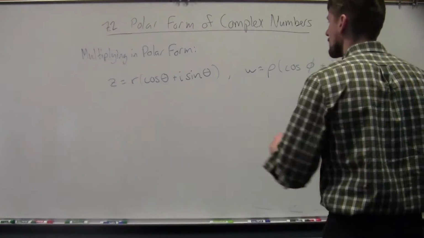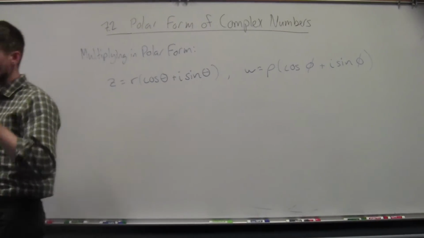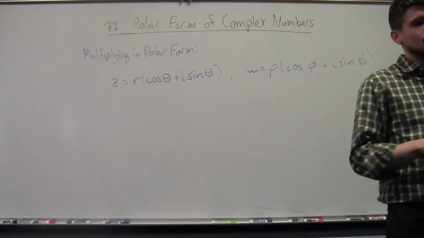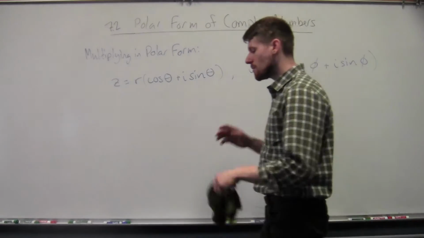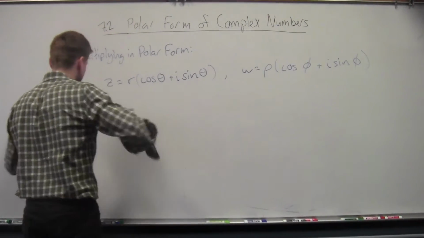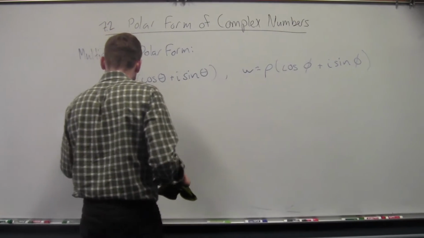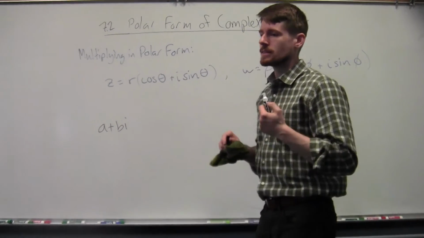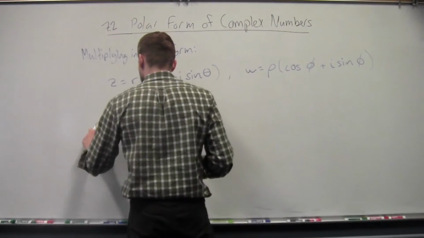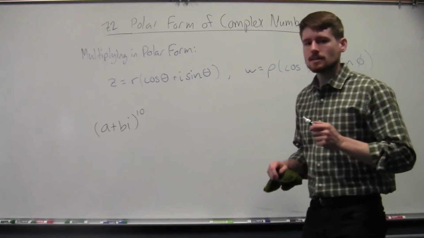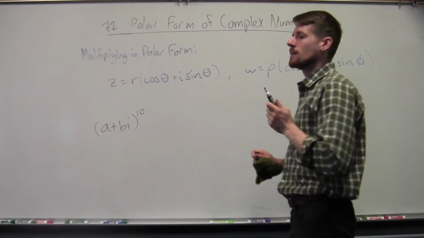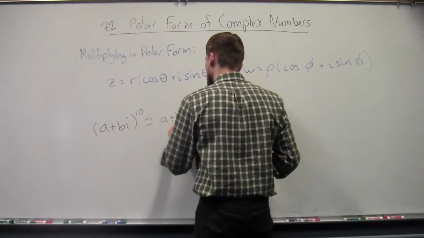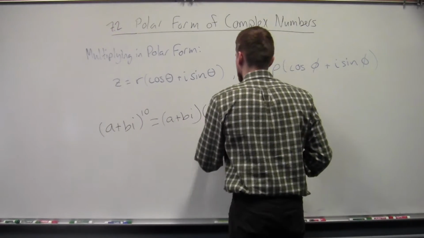Okay, so the next thing we're going to look at is, once we've got this polar form, what's the point of writing a complex number in polar form? When we originally had this a plus bi form, if we wanted to raise it to the 10th power, to multiply it by itself 10 times, this is incredibly annoying because it requires the distributive property, a plus bi, a plus bi.